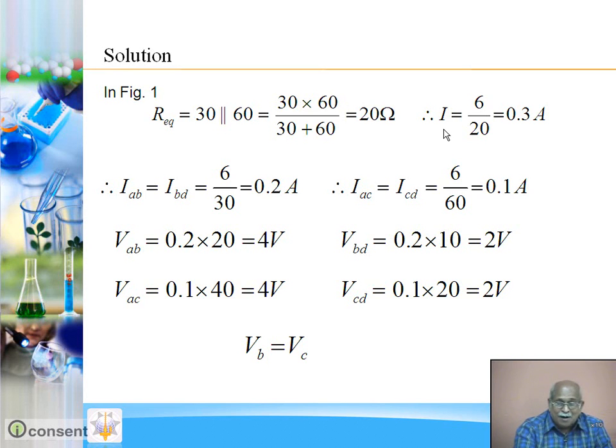So what will be current supplied by the battery? Current supplied by the battery by using Ohm's law. Current I equal to V upon R, 6 upon 20. So current supplied by the battery is 0.3 ampere. Now, what will be current in branch AB or in branch BD?